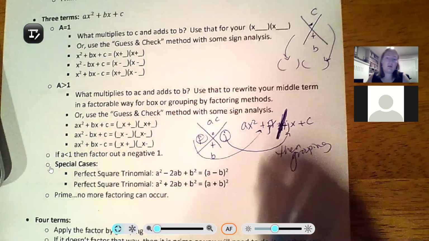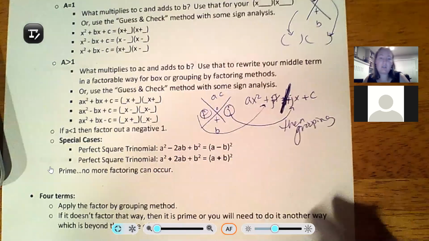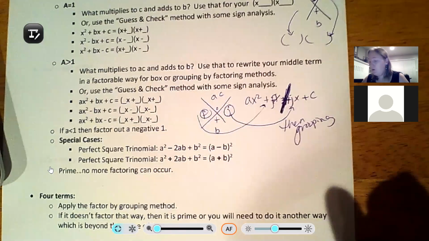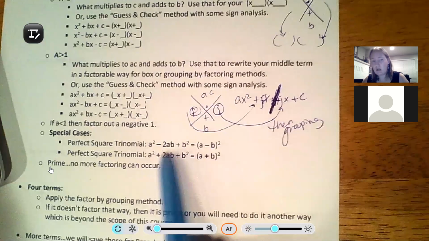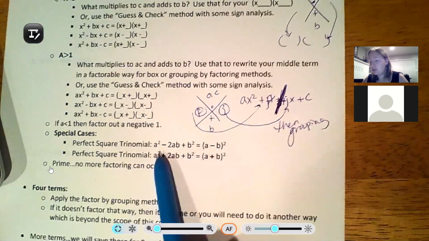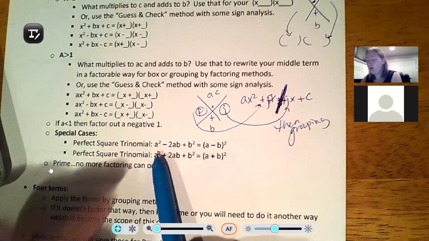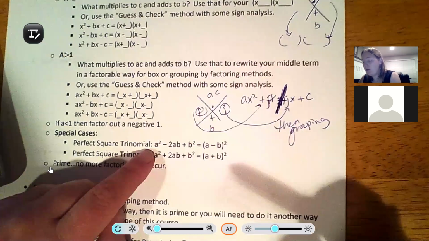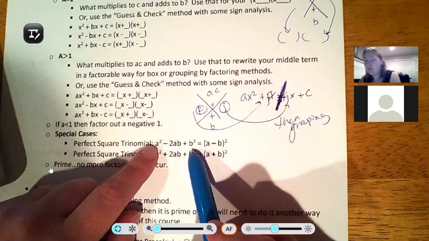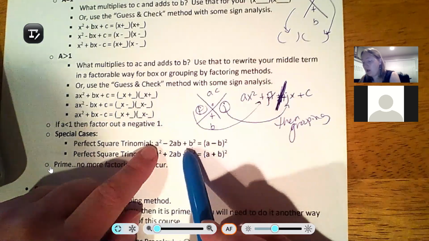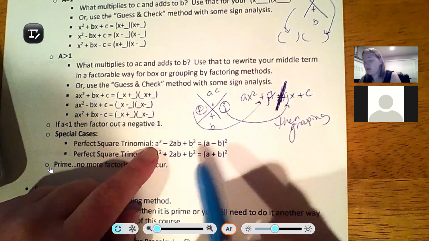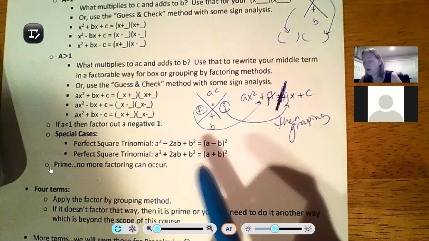And then there's a few other special cases, but you don't need to memorize these because you'll just realize it as you do it. It's just a shortcut. If you realize that the first and last term are perfect squares, it might be that the whole thing is a perfect square polynomial.